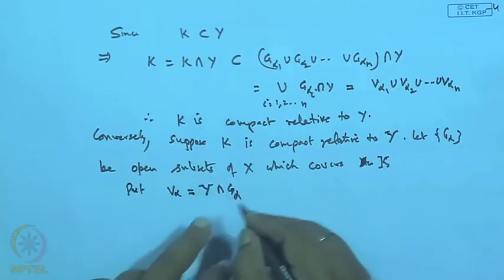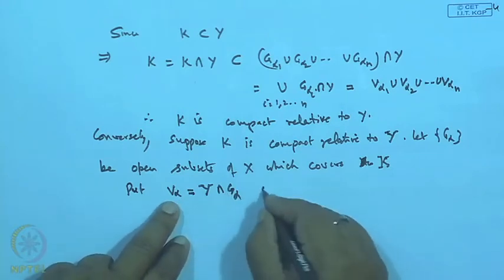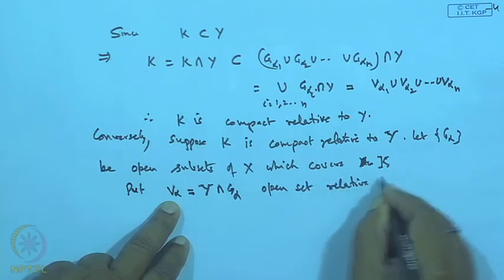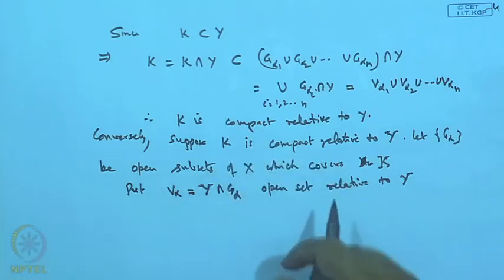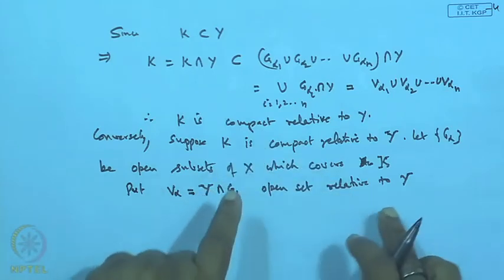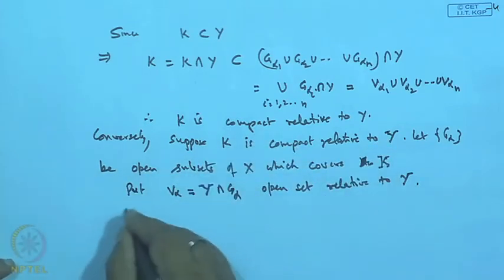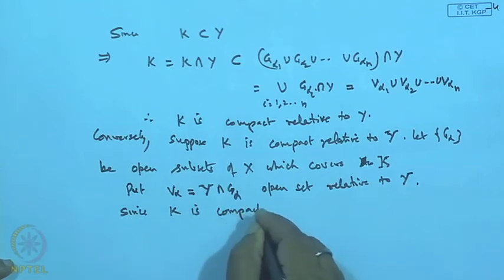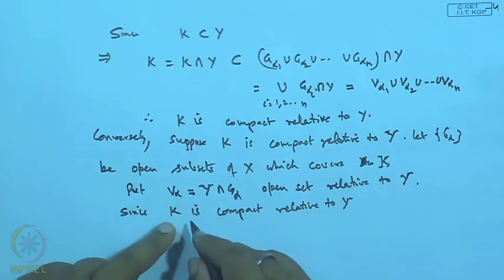Okay. Y is a subset of X, G alpha is an open set. So, this V alpha will be an open set relative to Y, because of the previous result. Now, this is given, K is compact relative to Y. So, this open cover V alpha has a finite subcover.